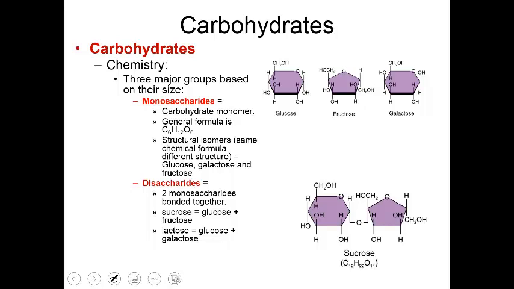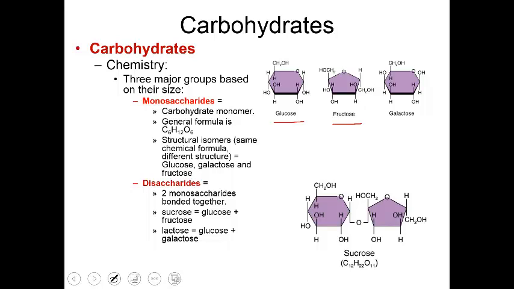So, simplest monosaccharide formula is C6H12O6. Now, glucose is a monosaccharide, fructose is a monosaccharide as well. So if you look at the pictures or structures of glucose versus fructose, you will notice that they both have the same chemical formula. However, what they differ in is their structures.